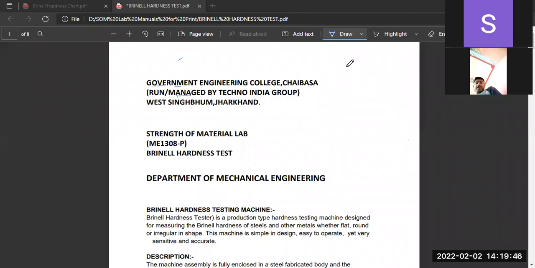Because what is taught in your strength of materials and solid mechanics is only to understand the behavior of mainly mild steel and copper or aluminum or brass or bronze. These 4 or 5 materials are used for your subject.